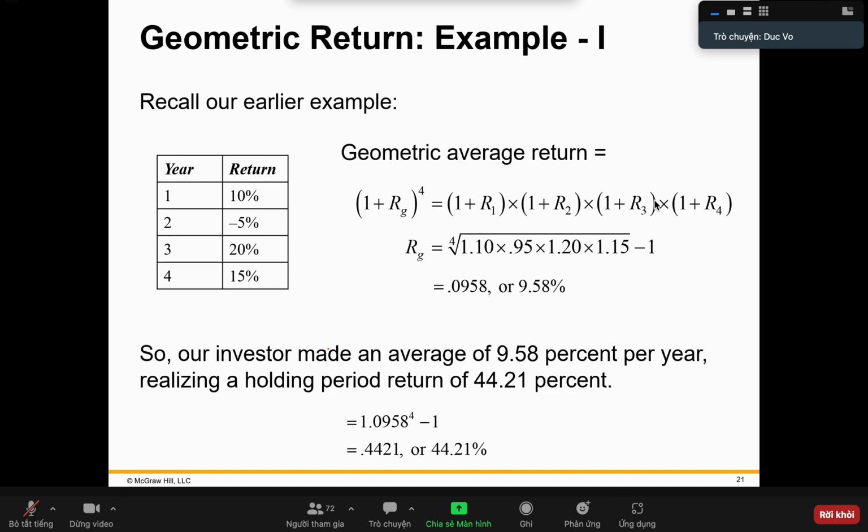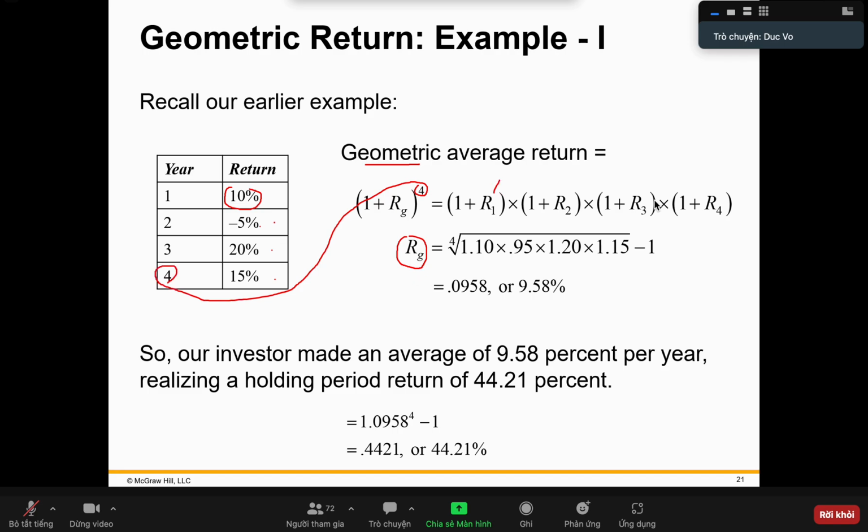Right. So if we can illustrate with a simple example, you will see, right? The return here is 10% for the first year, second year, third year, and fourth year. If you want to work out the geometric average, you take 1 plus the return, and that is the geometric average. Right? So it's to the power of 1/4 because you consider 4 years.